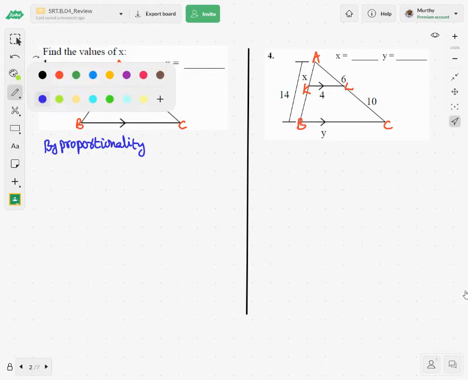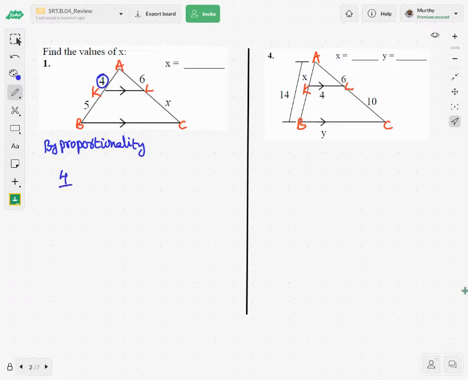So I prefer to write separately, like by proportionality. In layman's language, the upper portion is 4 and here the upper portion is 6. Please don't take it as a denominator. That is the numerator of another fraction. And next, the lower part is 5. That goes to my denominator.